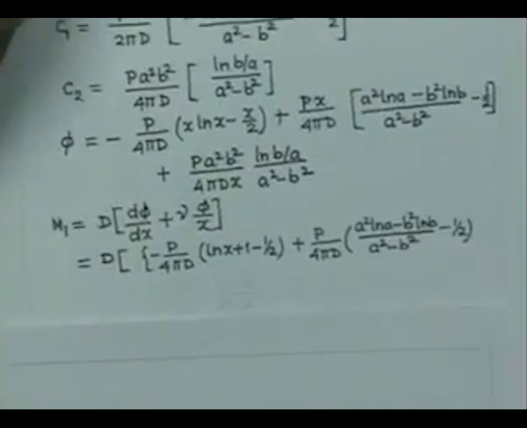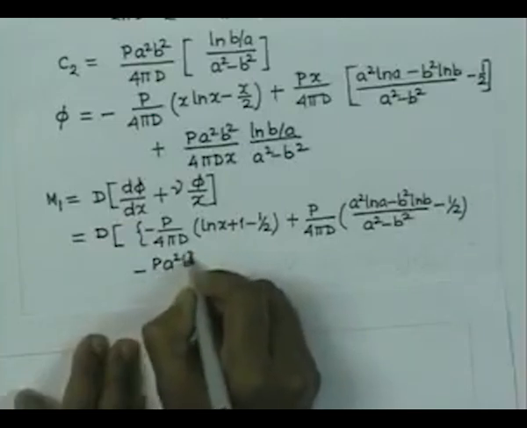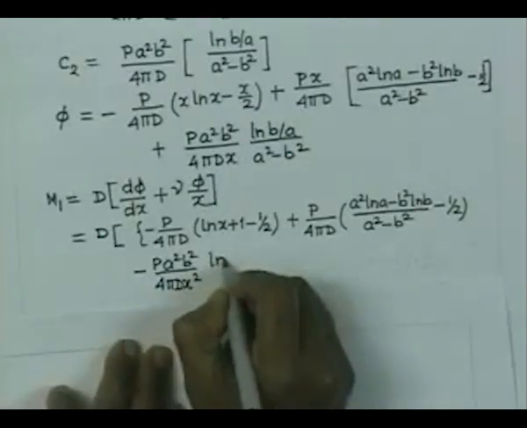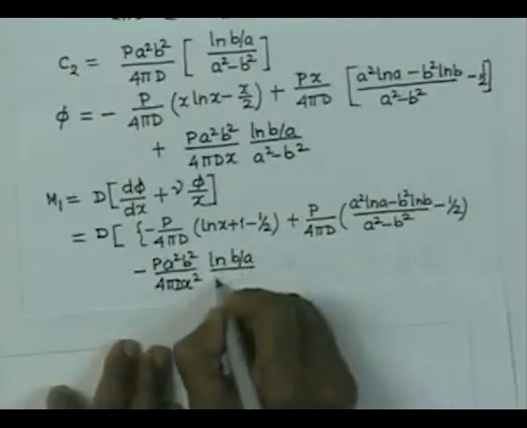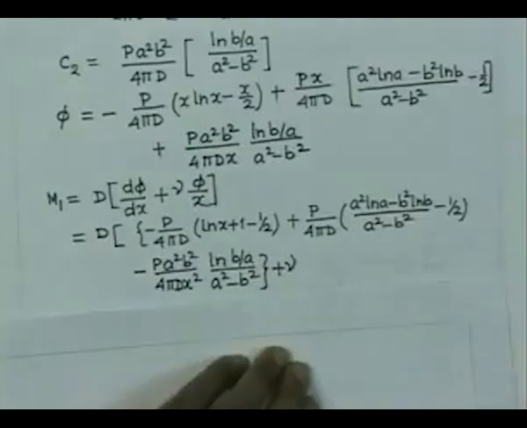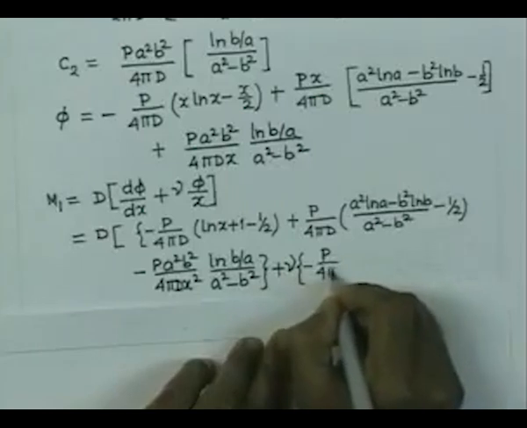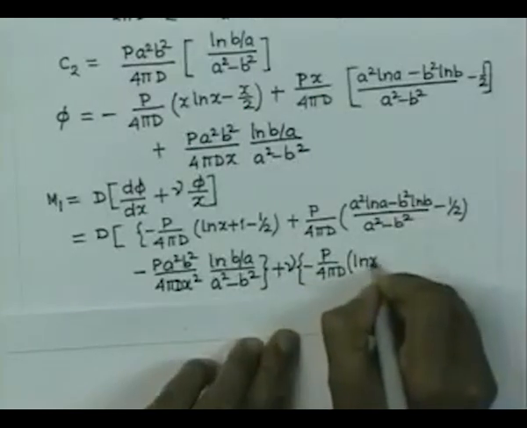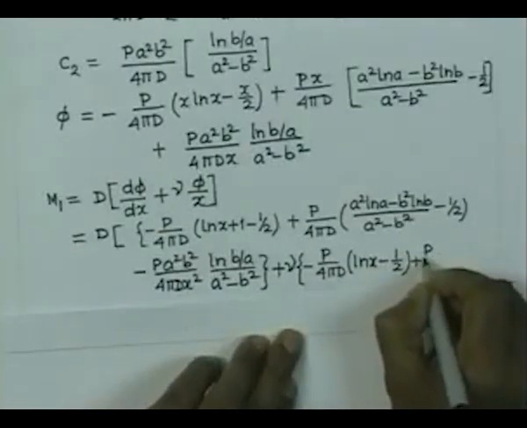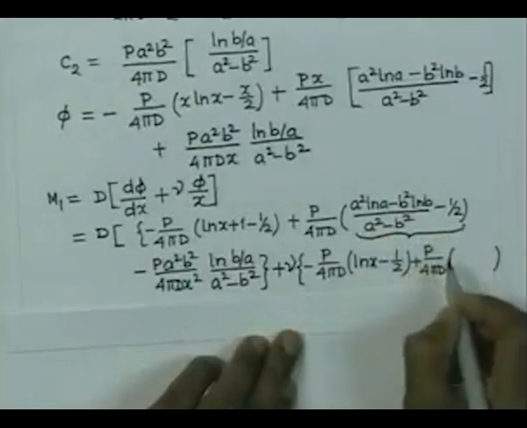Then we have minus p a square b square by 4 pi d x square ln b by a square minus b square plus nu times phi by x, that will give us minus 4 pi d ln x minus half plus p by 4 pi d into this expression repeated here.